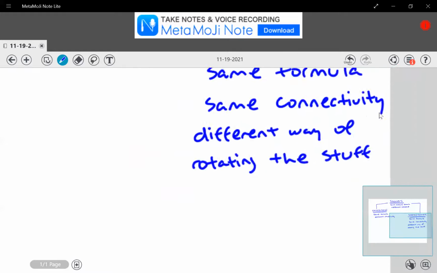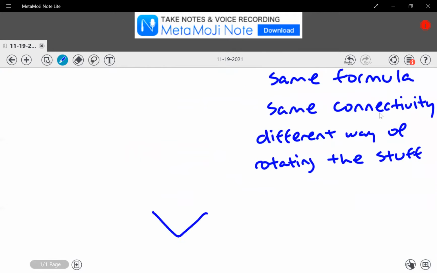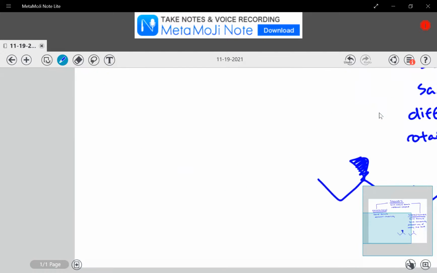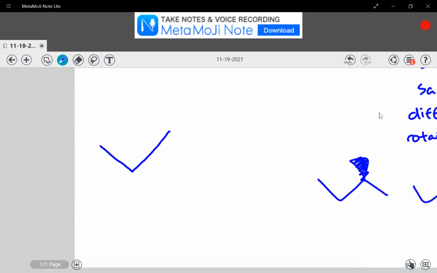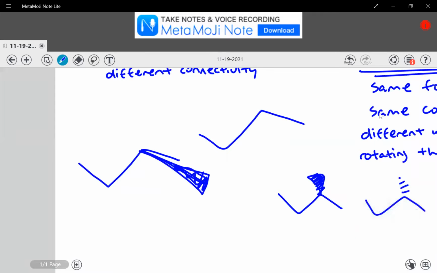So, stereoisomers. We've got, for an example, we can have something like this. Or we can have something like this. These two are stereoisomers. Why? Well, let's draw them in 3D. So we've got a carbon chain here. We've got one that kind of sticks out like this. But the other one, it's got the same carbon chain, sticks out in the opposite direction.